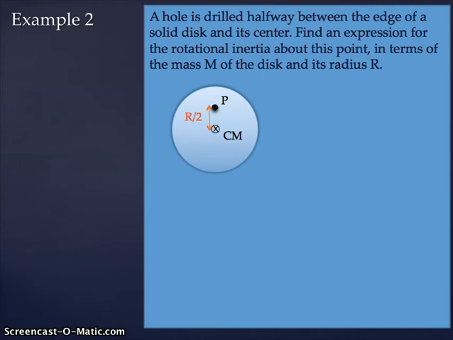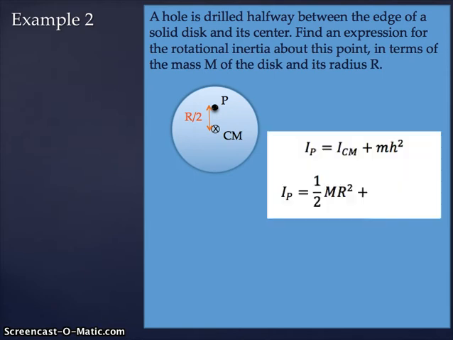So the distance that we need, that shift distance, is 1/2 the radius of the disk, and so that's what we'll use within our formula. So we'll start by looking up or recalling that a solid disk's inertia about its center of mass is calculated using 1/2 mr squared.